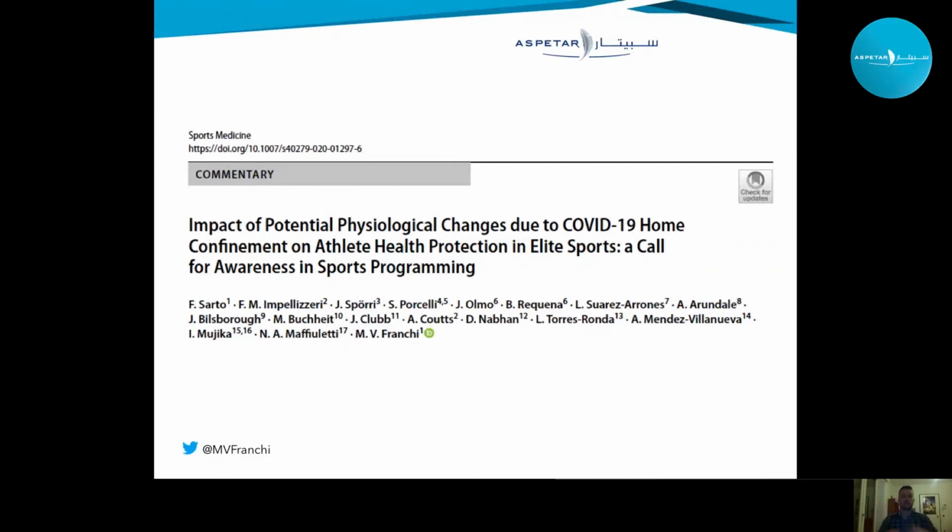For example, let's take football players. Football players didn't see the pitch for quite some time, so they couldn't jump, run, or make changes of direction. So how does this play out at the end, when the elite athletes had to come back to training?